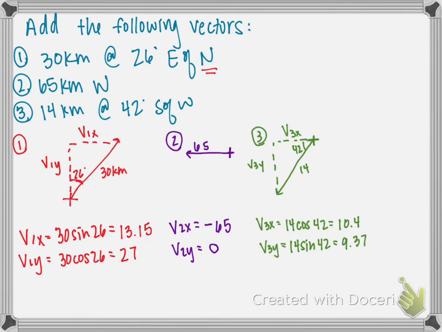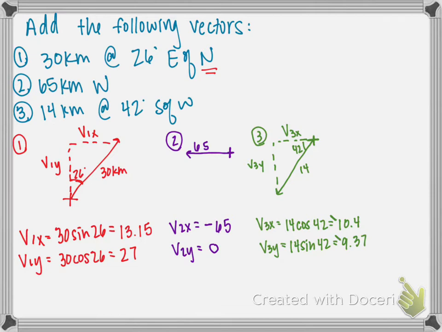Do either of those components need to be negative? Which ones? Or which one? Both. You're right, both. Okay, so we're going to make sure we include a negative there and a negative there because we're going west and south.